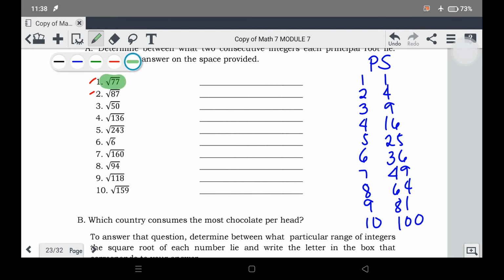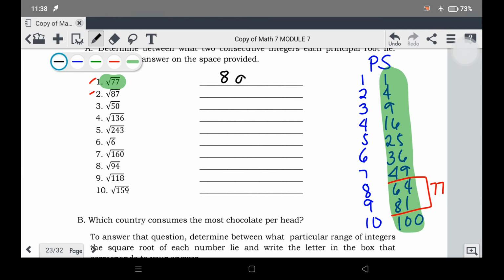Now we're going to find the square root of 77. In this list of perfect squares, where can we see 77? Of course, 77 can be found between 64 and 81. So it lies between 8 and 9. That's it.